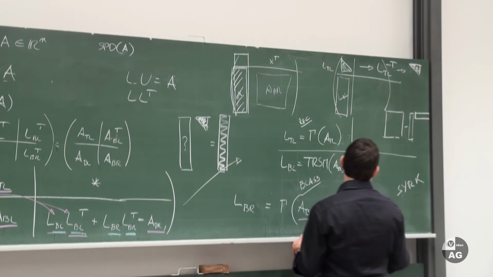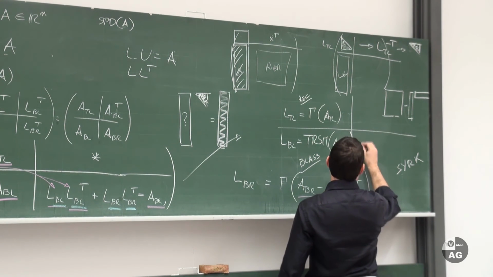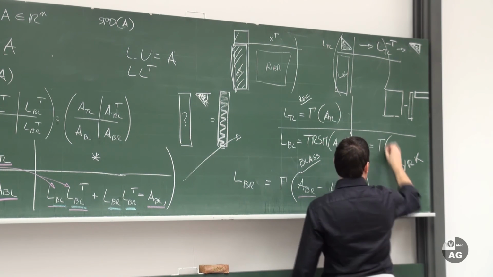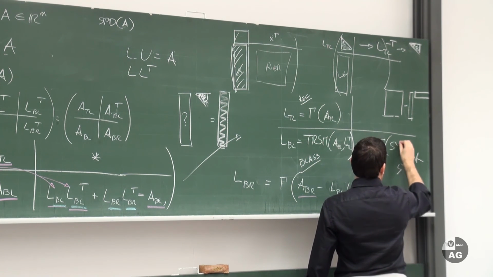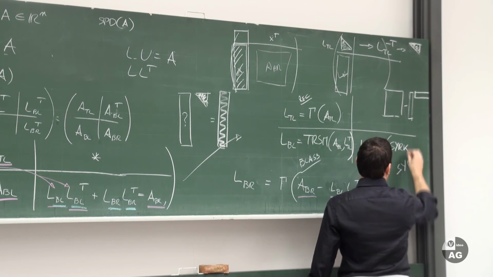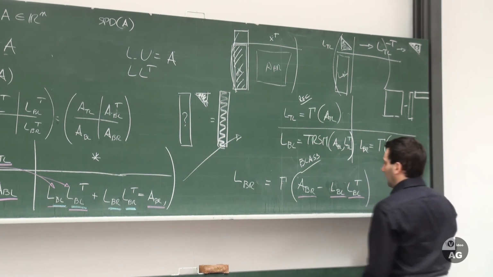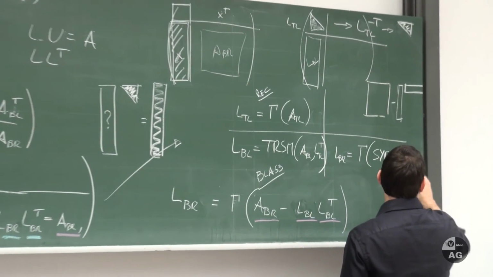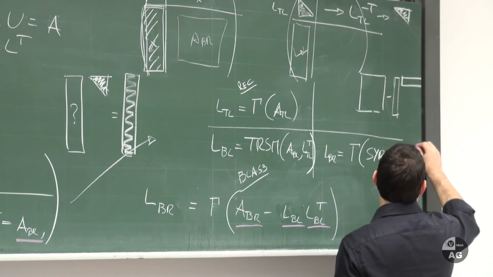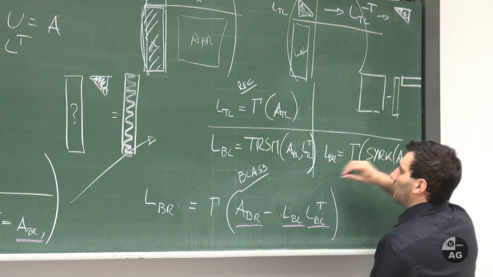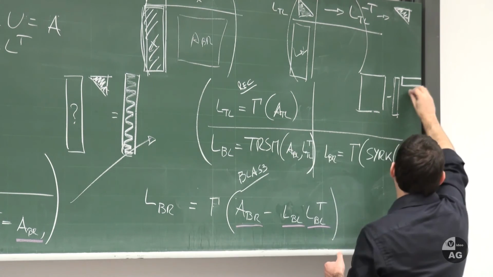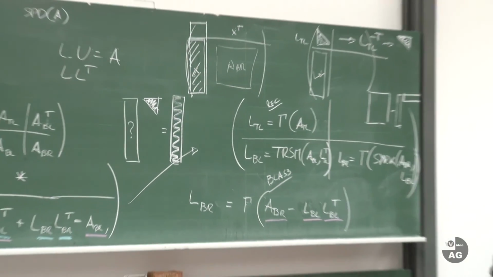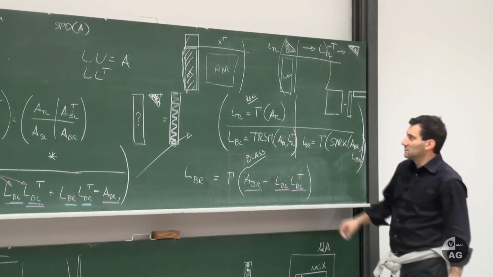So we have that L bottom right is Cholesky of SYRK, and the arguments are A bottom right, L bottom left. Here we go. And this is my Cholesky factorization, with some dependencies.